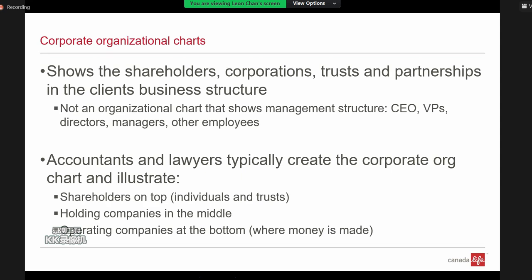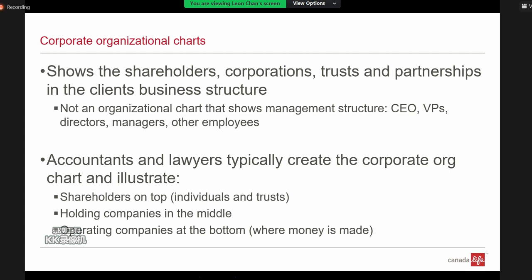Even with those entities, how it's structured can be very, very different. So, like I said earlier, it's very important to understand and trace out that ownership. A corporate org chart, as well as their tax returns, can help in identifying and understanding what the structure looks like, and that's really the value there, right?